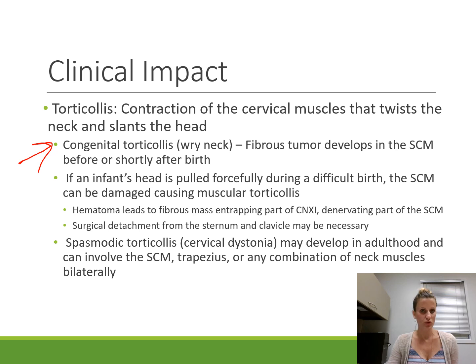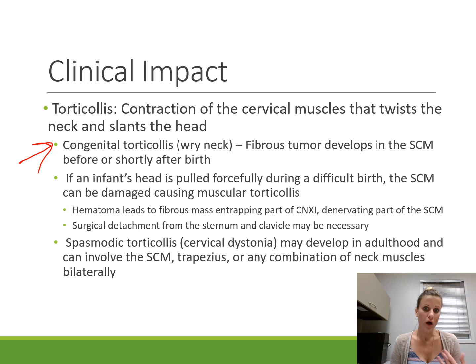This develops either before birth or shortly after birth, and what you end up seeing is contraction of one sternocleidomastoid, and that twists the chin away from the contracting sternocleidomastoid, and the other one is not contracting at all, right? So the chin twists and the face tilts up, right, towards the affected side.